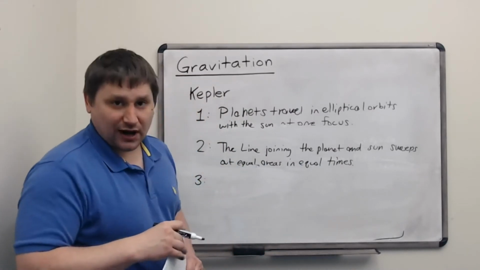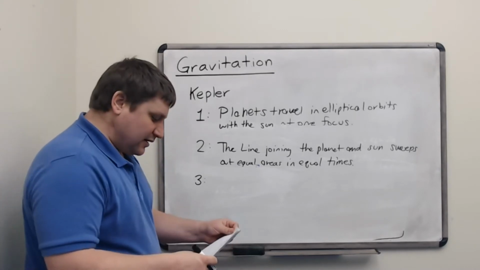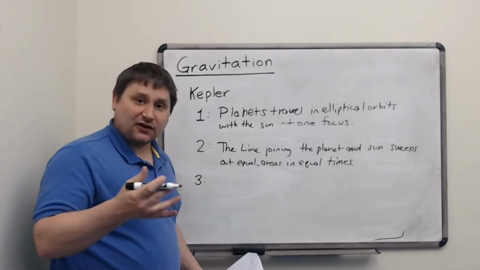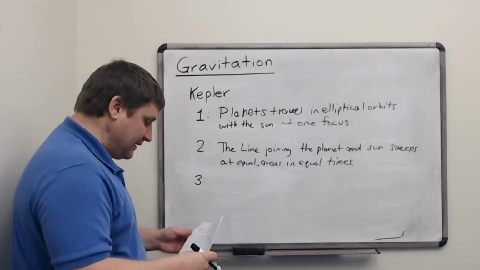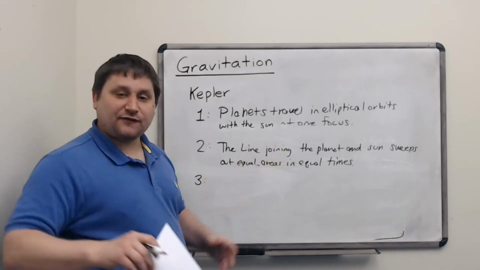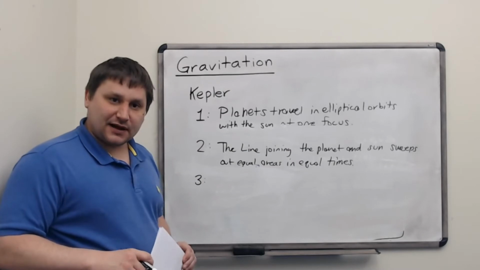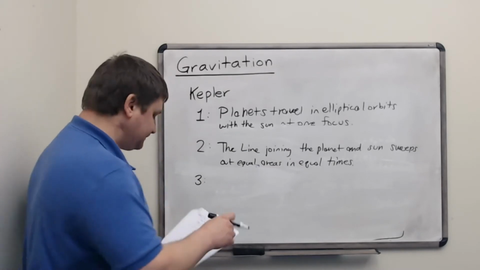Kepler's final law, the third law, was discovered a few years later. Here, instead of looking at a single planet, Kepler looked at the data for all of the planets combined and found that as a planet moves farther away from the sun, its overall time to go around one orbit is also longer.